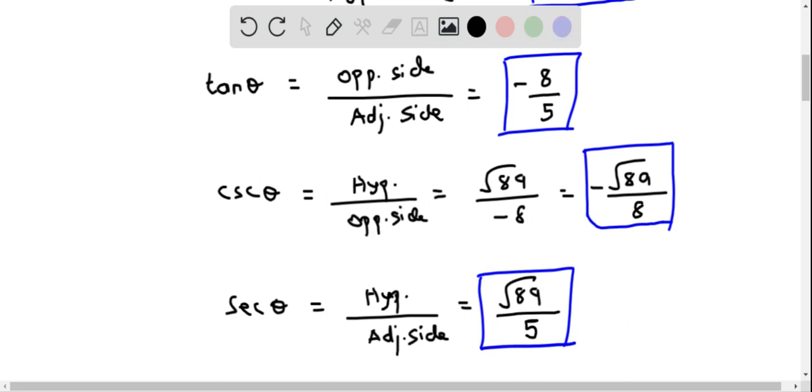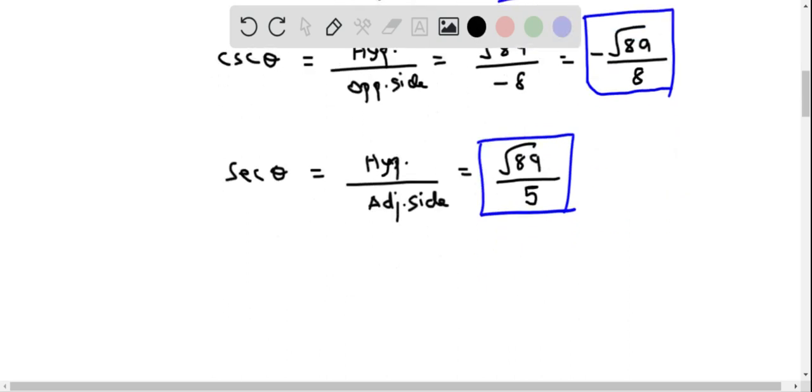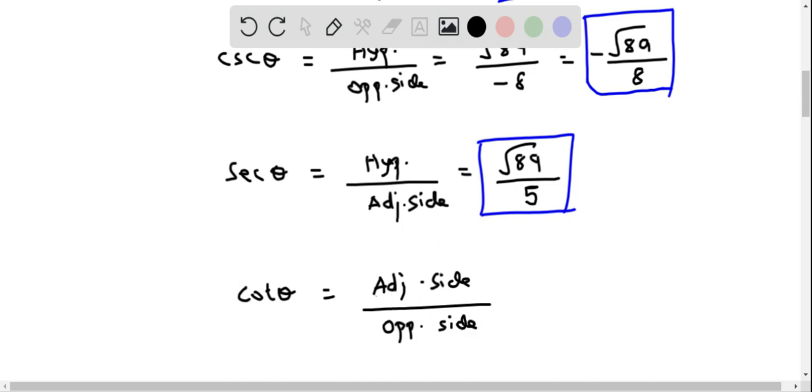And finally we find the cotangent theta, that is cot theta. This equals adjacent side, I'm sorry, adjacent side over opposite side, it's not over hypotenuse.